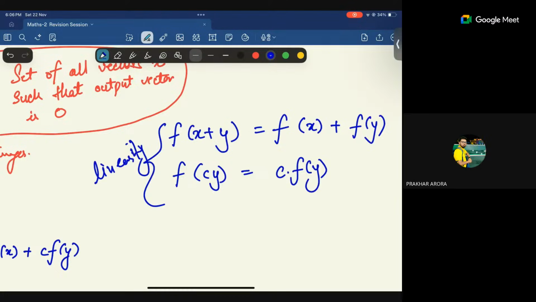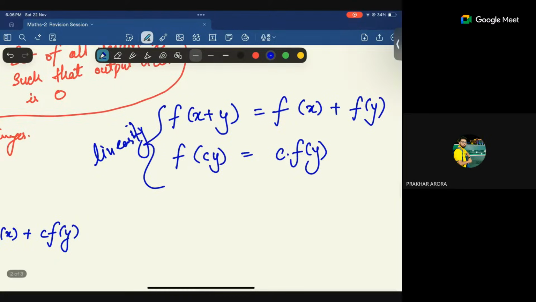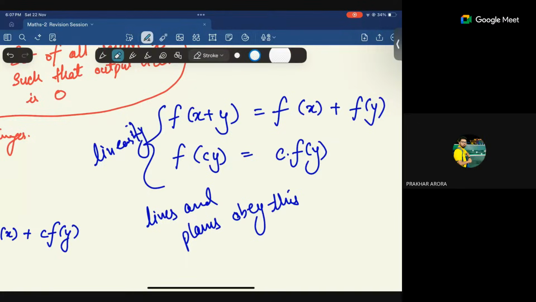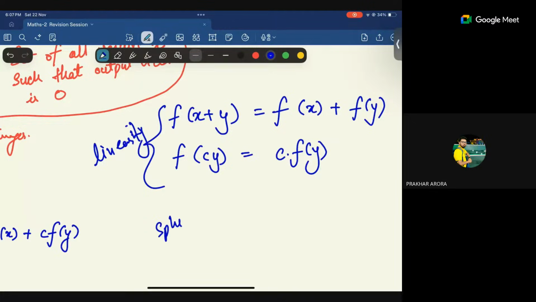And you will see that only lines and planes obey this. How this happens I will not teach you, but you should know that linearity is only obeyed by lines and planes. That is why lines and planes are called linear, and spheres, circles, hyperbola, parabola, ellipse, none of them obey this.